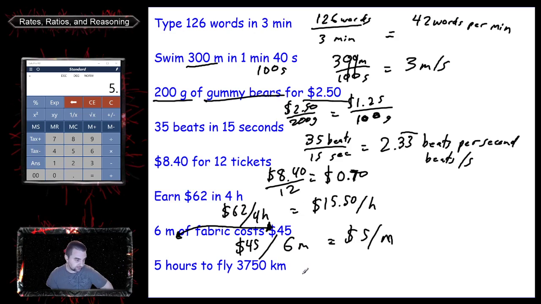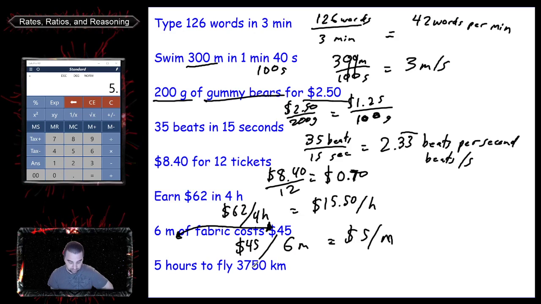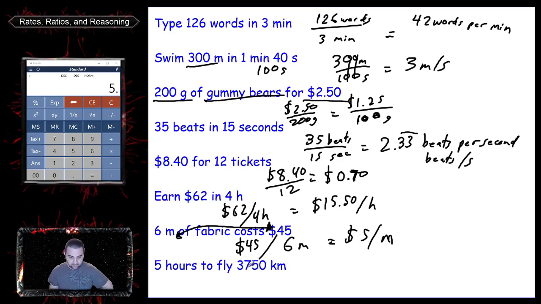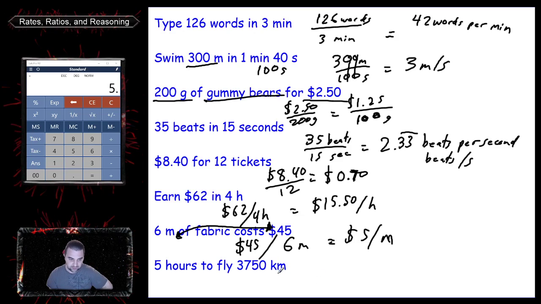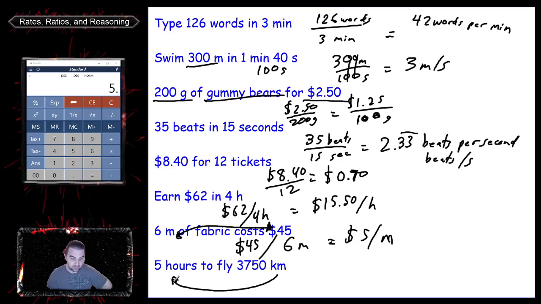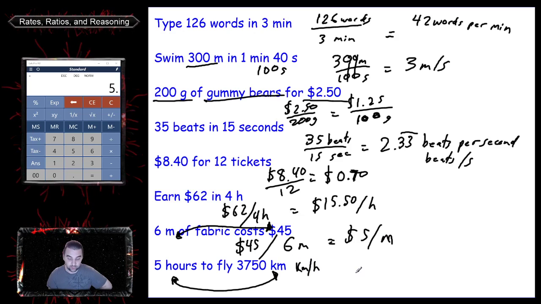And lastly, and now I'll be able to go to sleep, we have 5 hours to fly 3,750 kilometers. Same thing. These are swapped, right? We want kilometers per hour because we're talking about speed. Kilometers comes first, and then hour.